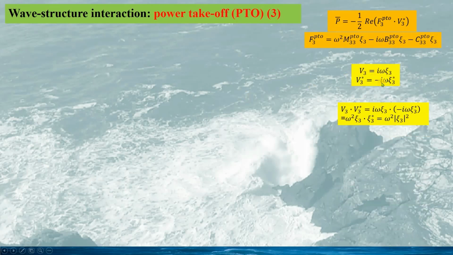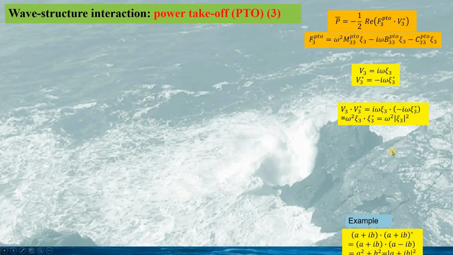As we have shown before, V3 would be given as this in frequency domain, and its conjugate is given as this. If we multiply the velocity and its conjugate, we will have the expression as this. So regardless of what the velocity expression is, the product of these two parameters would give a real number.